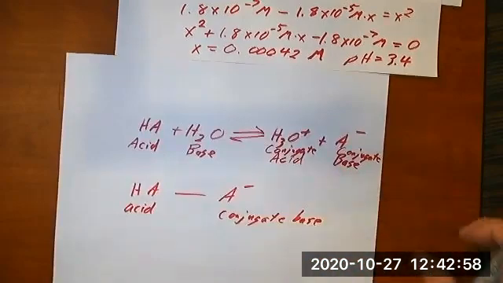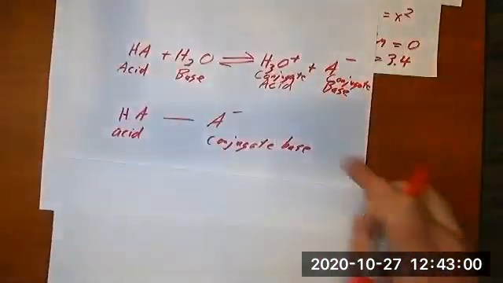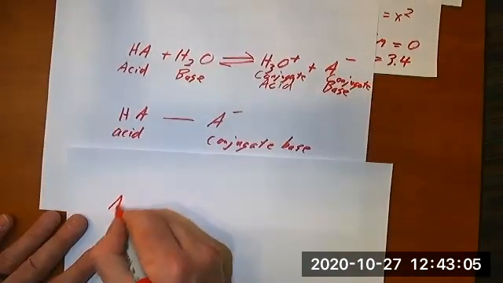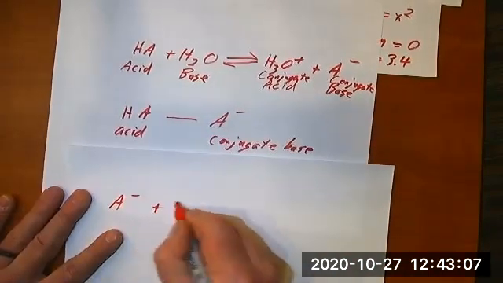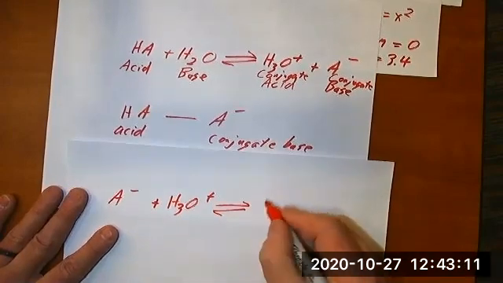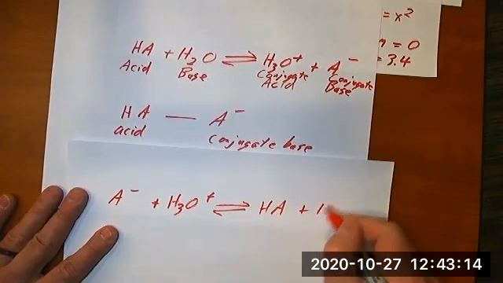Now, let's take a look at that reverse reaction. If we write this the other way around, A minus plus H3O plus in equilibrium with HA plus H2O.